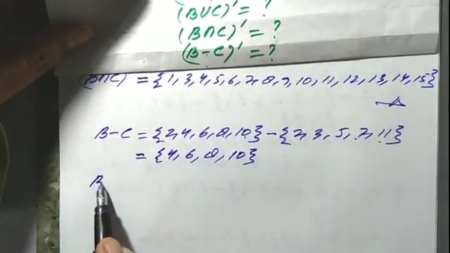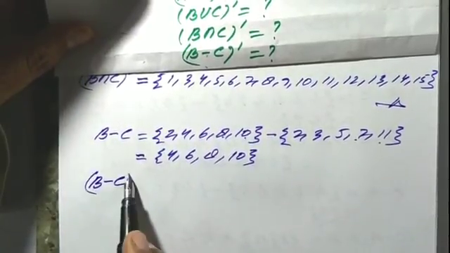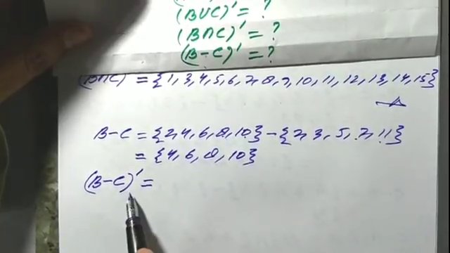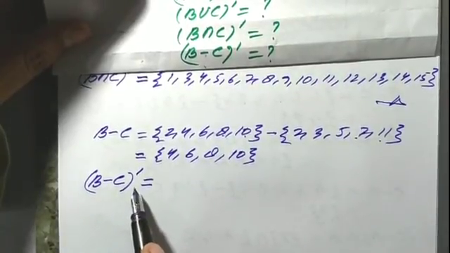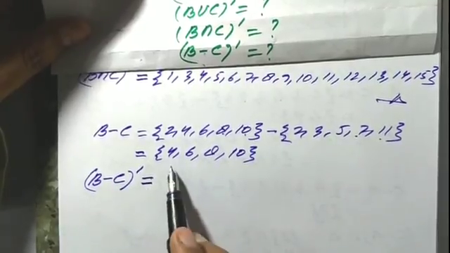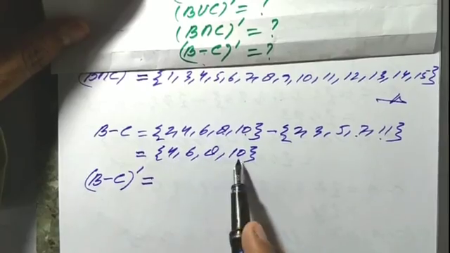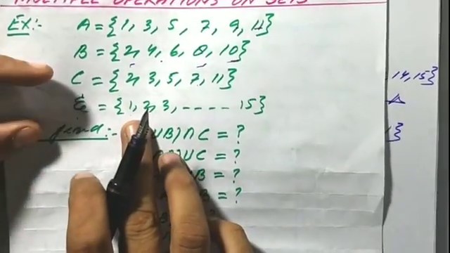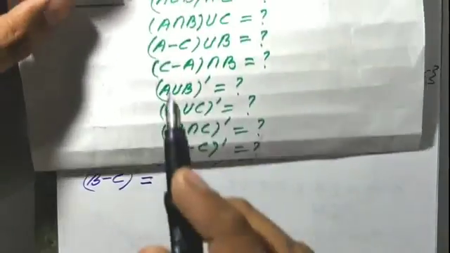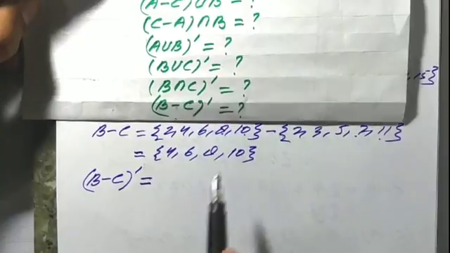Now we have to take the complement of B minus C. So (B − C) complement is the set of all the elements of the universal set which are not contained by B minus C. As the universal set is the set of all the natural numbers from 1 to 15, out of these 15 natural numbers we have to exclude 4, 6, 8, 10.